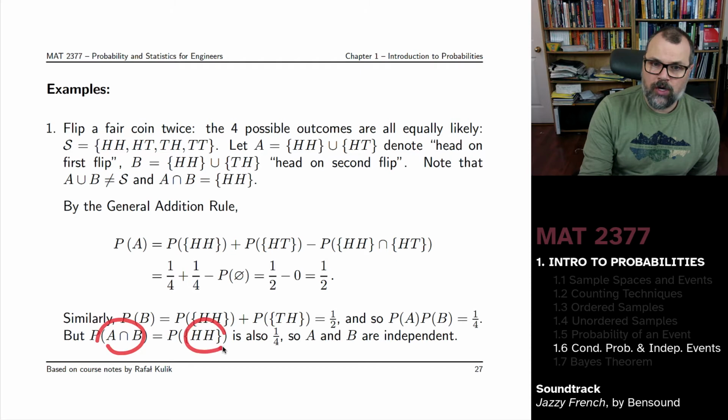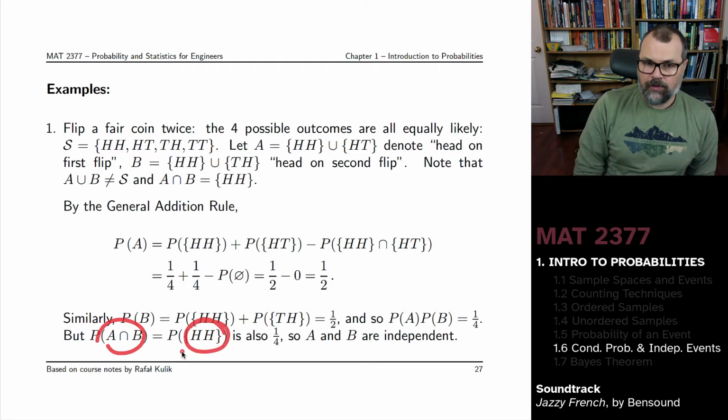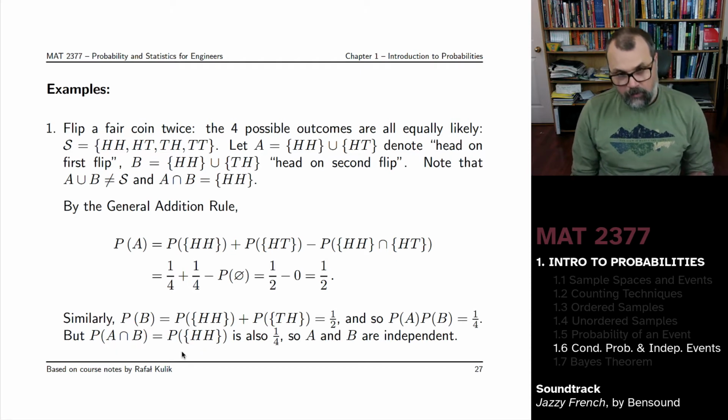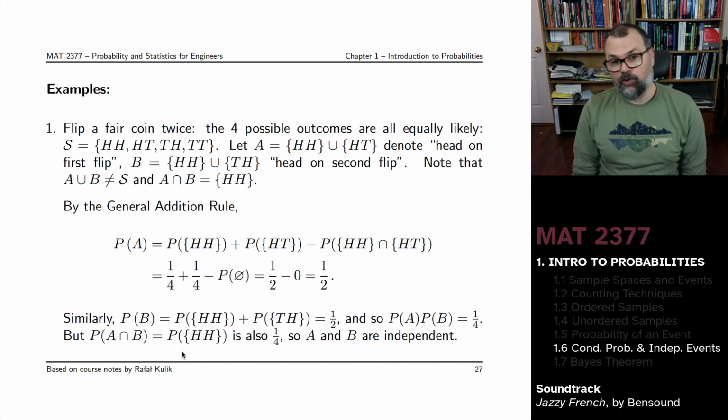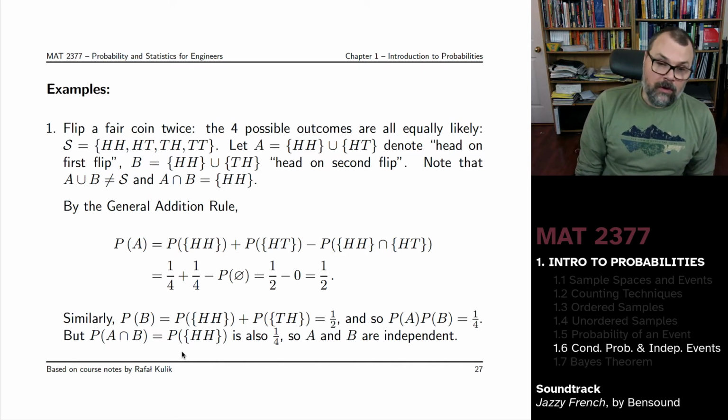It contains one of the potential outcomes, HH. The probability of the intersection then is also 1/4. One of the outcomes divided by 4 outcomes. The probability of the intersection is the product of the probabilities, and hence you conclude that A and B are independent.